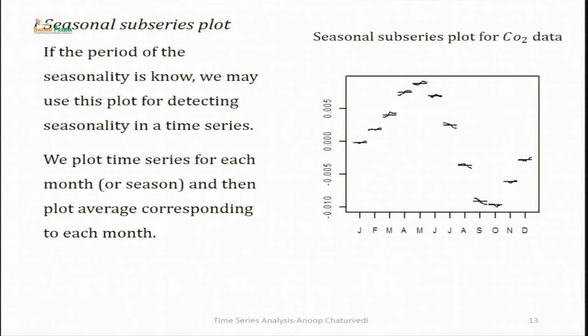So, again here also in this example we have plotted the time series for each month or season. So, for January this is the graph, for February this is the graph, and then we have plotted some measure of central tendency. Generally we take the average value, or sometimes we also take the median value and plot that value as a straight line.